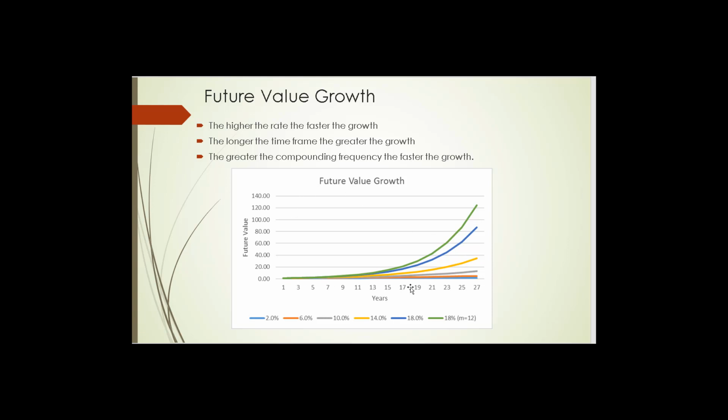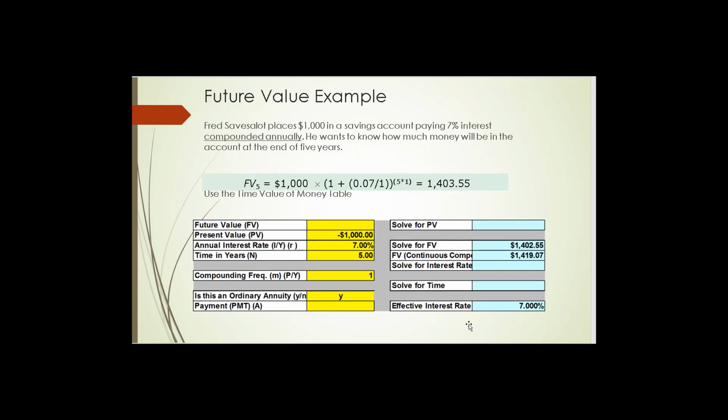Likewise with time, the longer time you have, the greater the amount of money there is. And finally, the greater the compounding frequency, the faster the growth. The difference between the blue line and the green line is that the blue line is compounding interest monthly rather than calculating it annually.